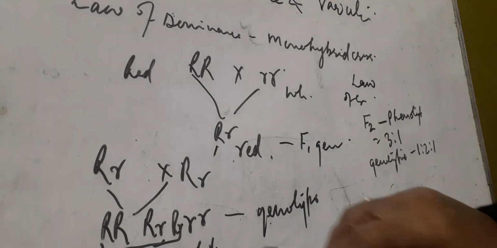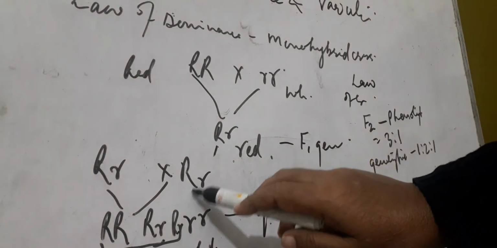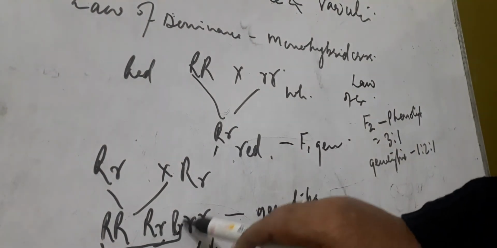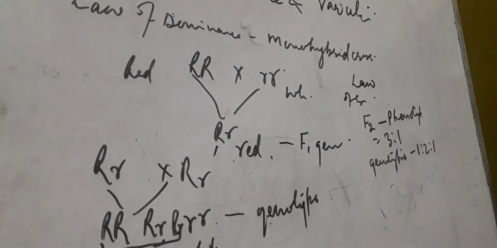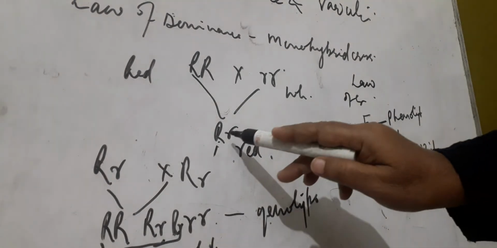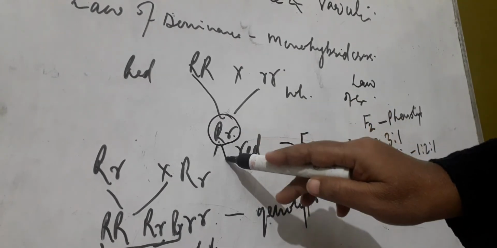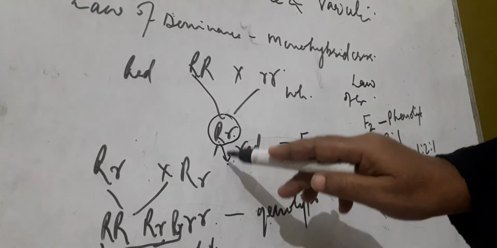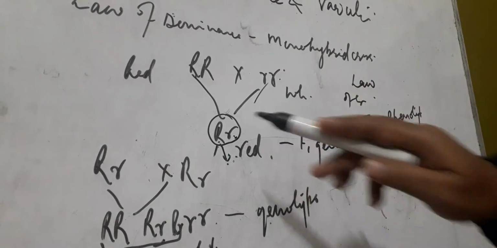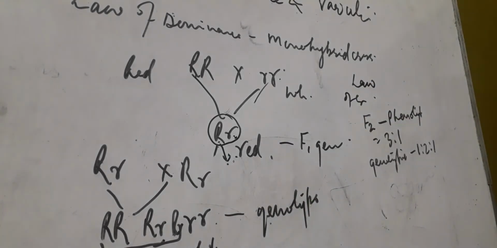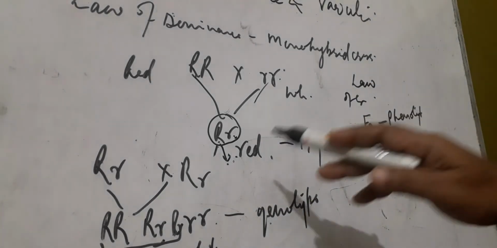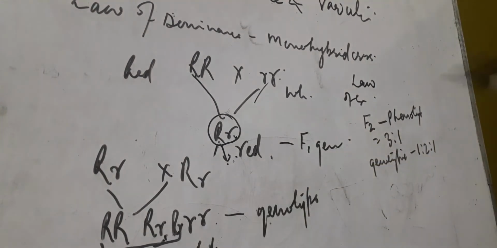As you see here, 3 red and 1 white. In the combination of capital R and small r, you can see that one gene is from red and one gene is from white, but they never blend together. It forms red, and red is a dominant character. Clear?